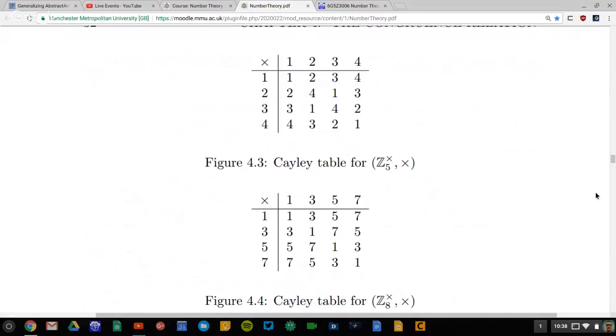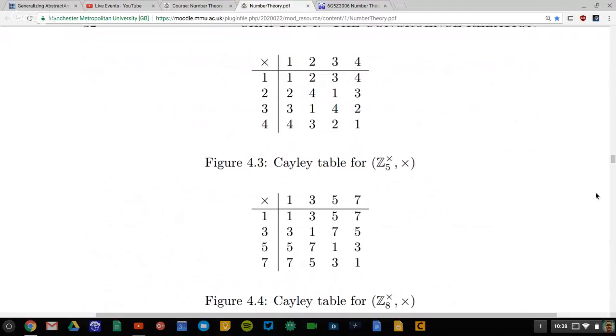Okay, but none of the others, all of the others are co-prime to 5. So it's as complete as possible for 5. And of course, that's the same whenever the modulus is a prime. Whenever the modulus is a prime, in the multiplicative group, you're going to have all of the integers 1 through p minus 1.